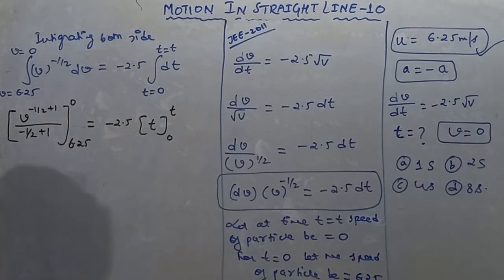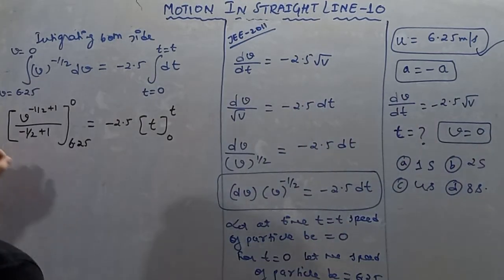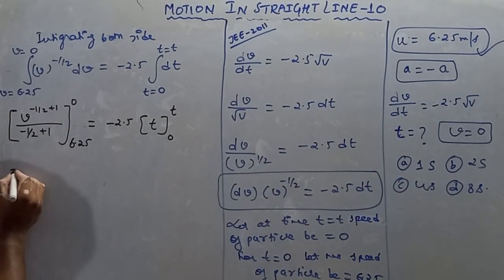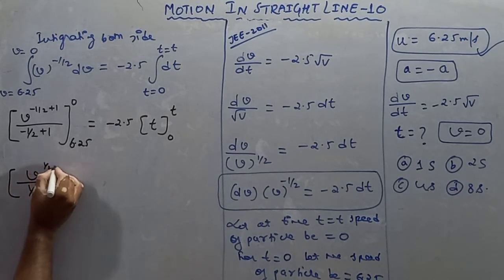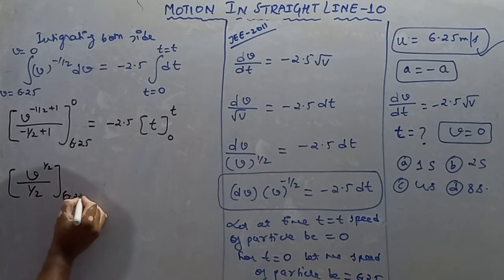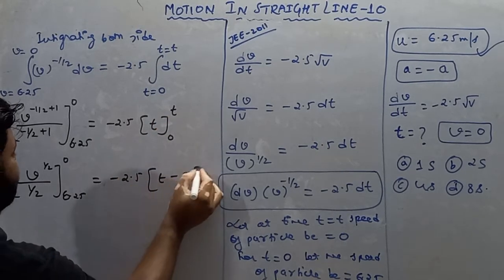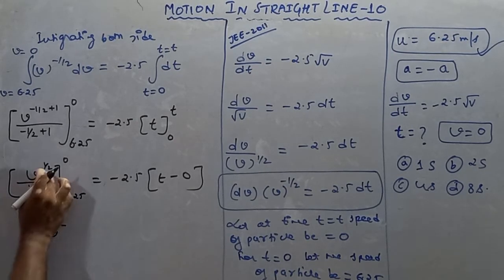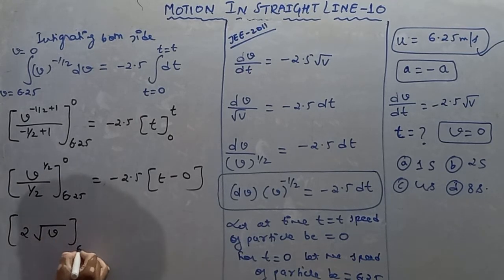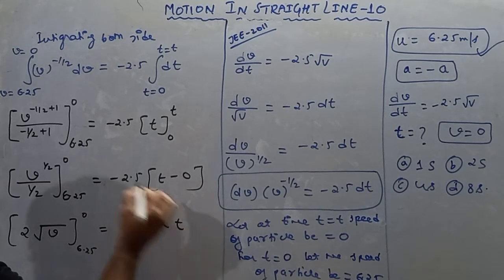Minus half plus 1 becomes half, and below it is again half. So v to the power half divided by half, 6.25 to 0, is equal to minus 2.5, upper limit minus lower limit. This 2 comes outside, in the numerator: 2 root v, from 6.25 to 0, equal to minus 2.5 into t.